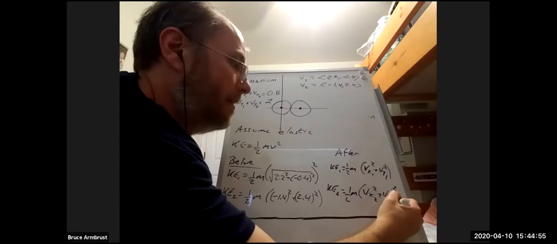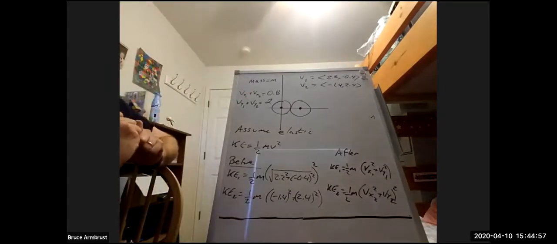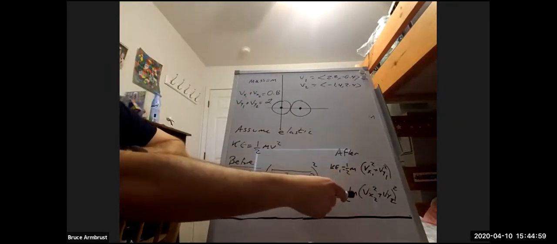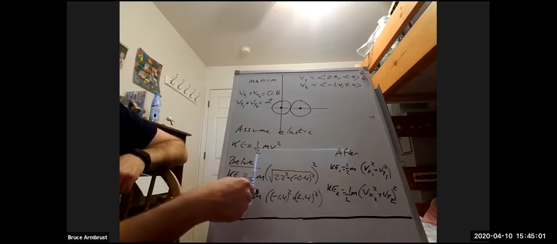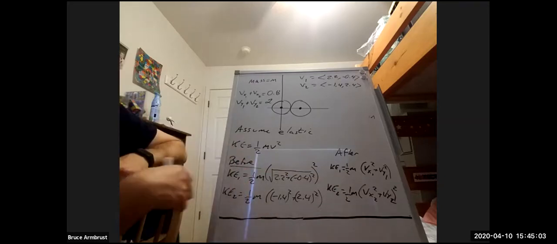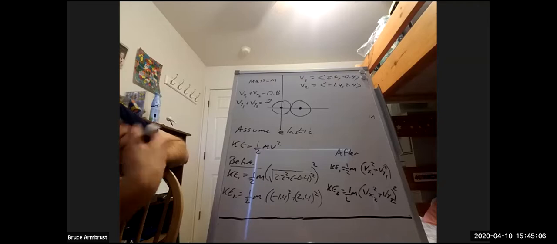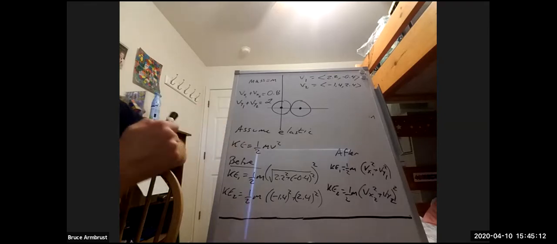Vy2, sorry. So we add those together. That's going to equal this. The 1/2 m's are going to go away. But this is going to get us another equation in terms of Vx, in terms of all these guys.